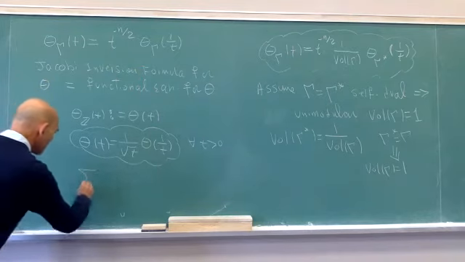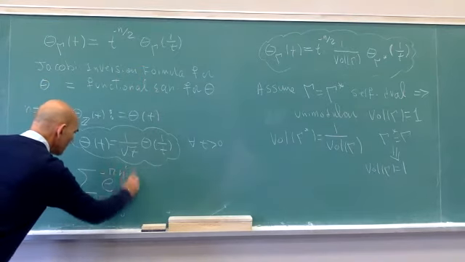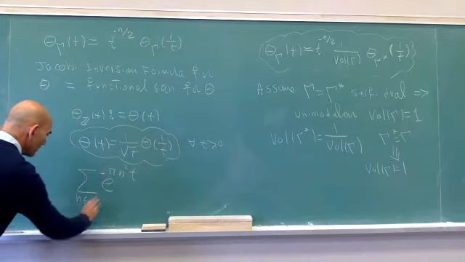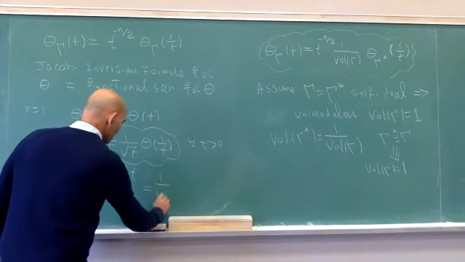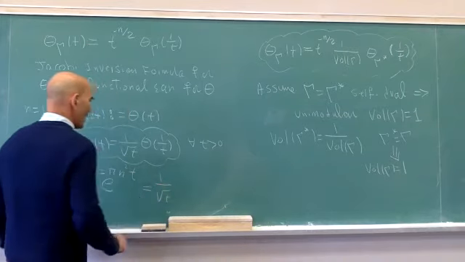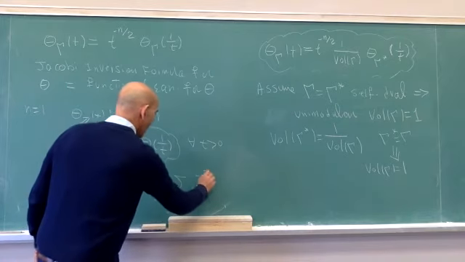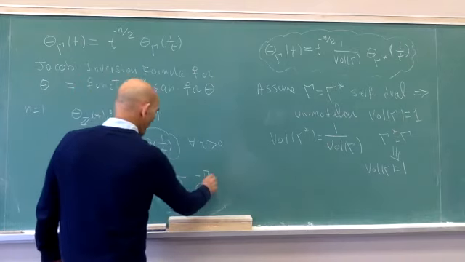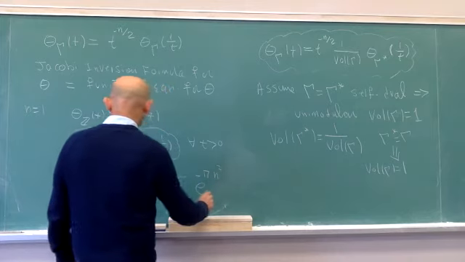What this says is that the sum of exponential minus pi n squared t, n belonging to Z, is equal to 1 over root t, the sum of exponential of minus pi n squared over t.